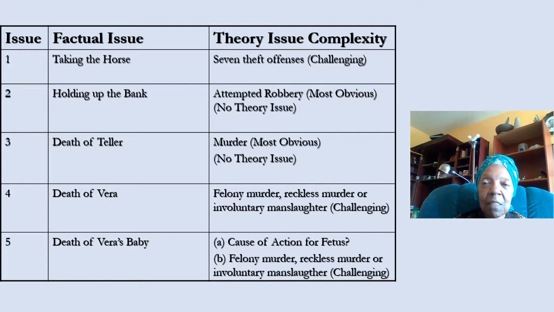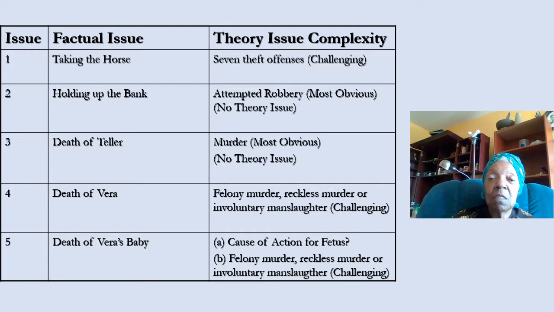Remember, at this level, you're not discussing whether or not someone's going to be convicted of felony murder, reckless murder, or involuntary manslaughter. You're discussing which one of these should be applied and why. Okay. Policy reasons, jurisdiction reasons.